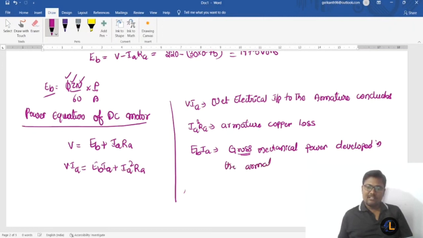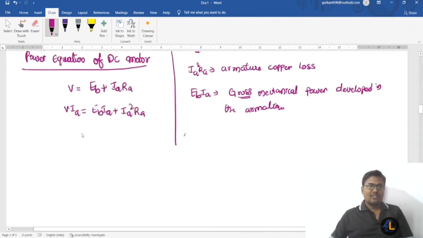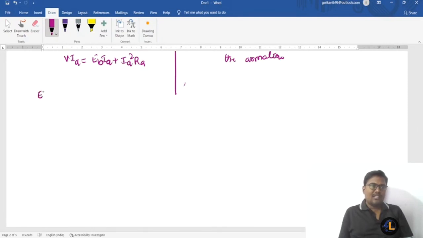So EB into IA can be written as V into IA minus IA square RA, which is the gross mechanical power.